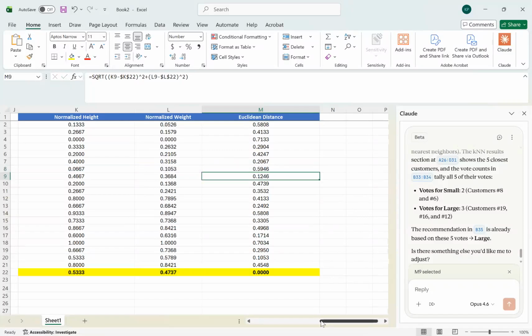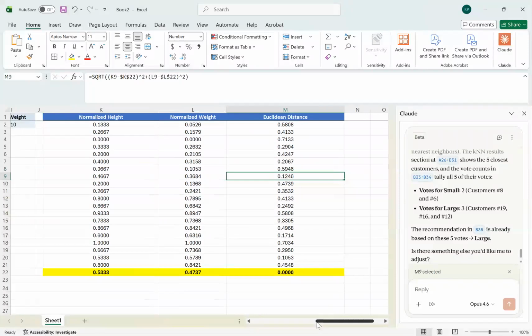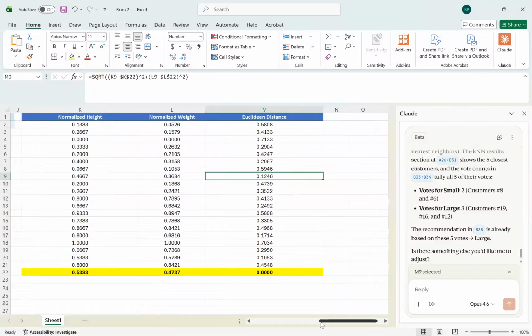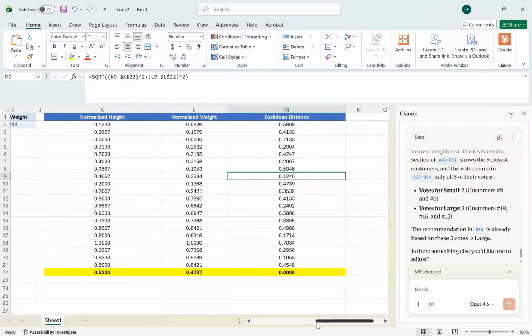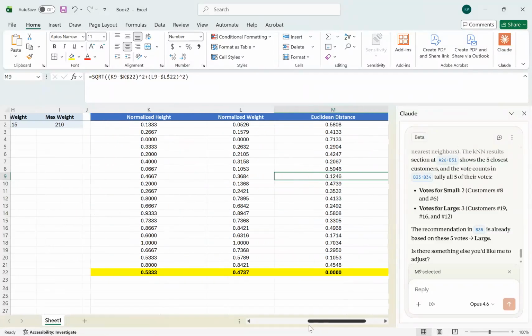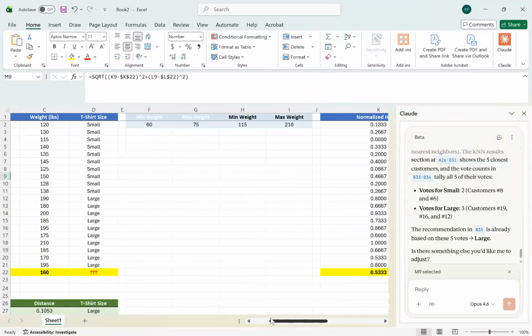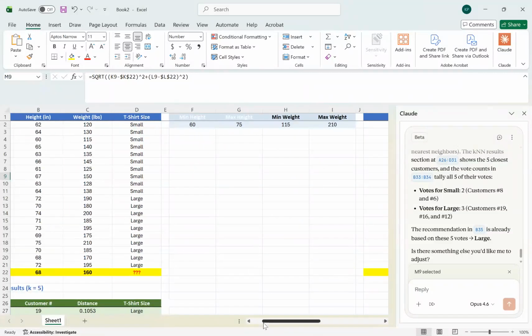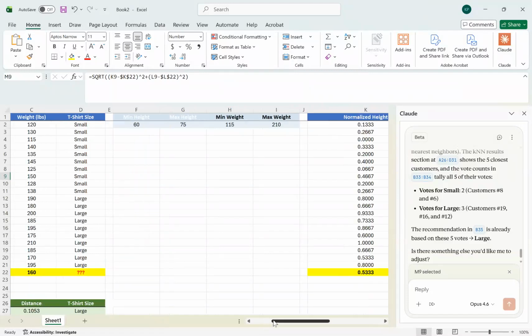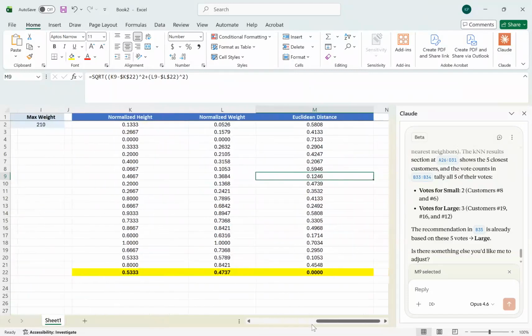And what we do after this is we identify the 5 nearest customers to customer number 21 and what size t-shirt they were happy with. And among those five nearest customers, we'll take a vote. I asked for five as a vote to see who are the five nearest neighbors.